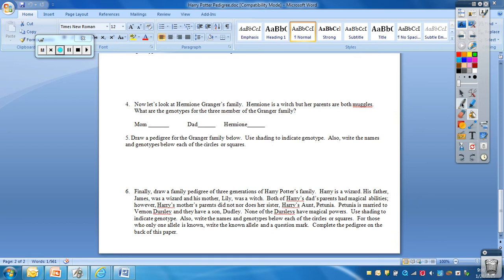The last one. Draw a family for 3 generations of Harry Potter's family. All right, so let's start with Harry. He's a wizard. His father, James, and mother, Lily, are a witch and wizard, so let's fill in. I don't know why I can't fill that in.